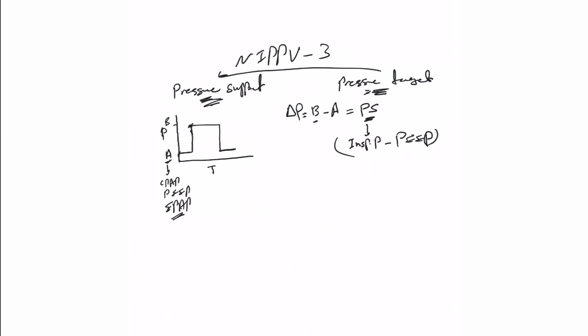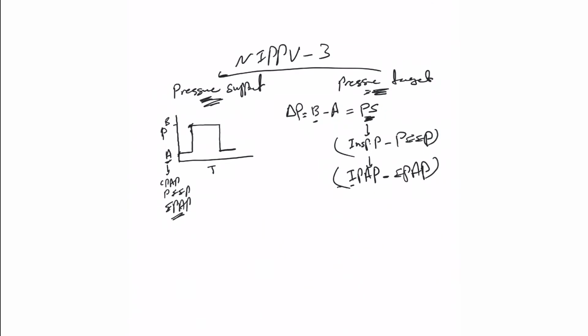This is similar to IPAP. In bilevel positive airway pressure, this is the same, the pressure support minus the EPAP. So this is pressure support. The delta P is equivalent in bilevel positive pressure to the IPAP minus EPAP.